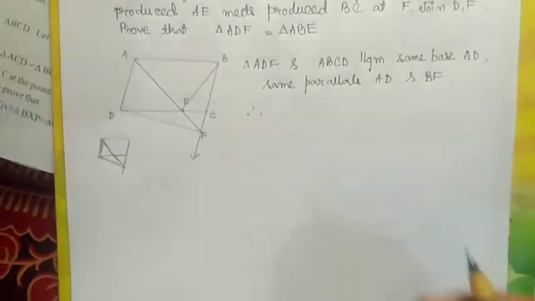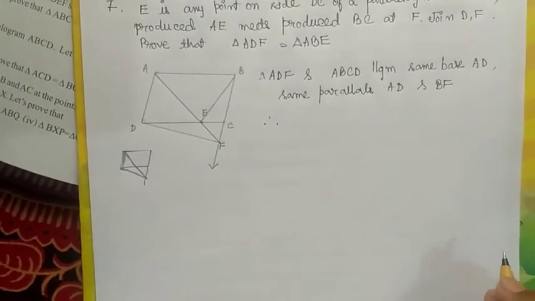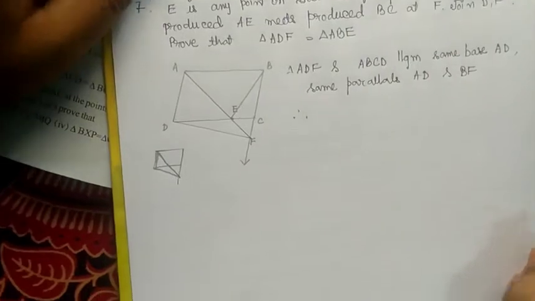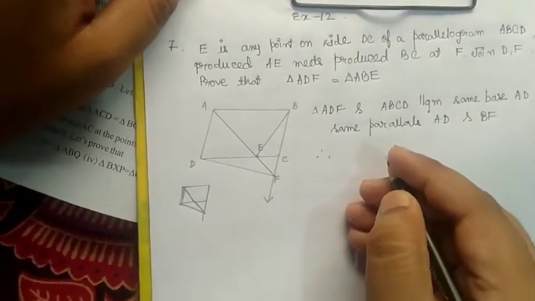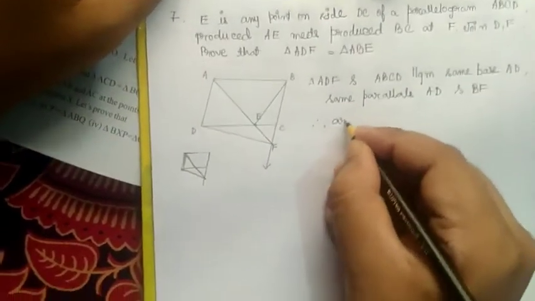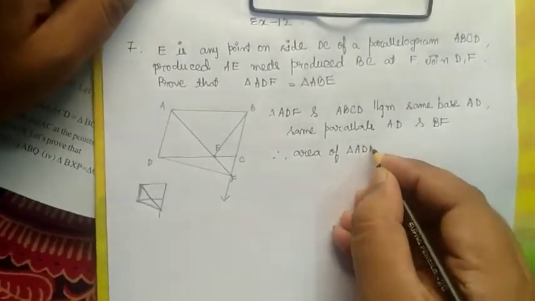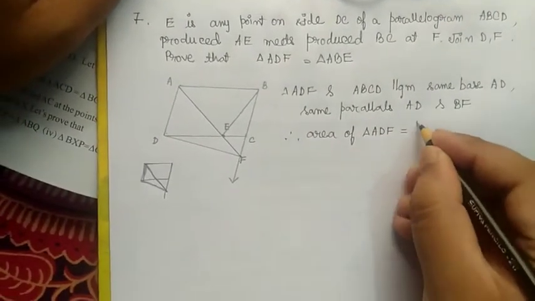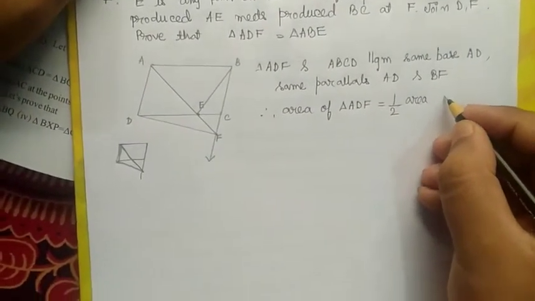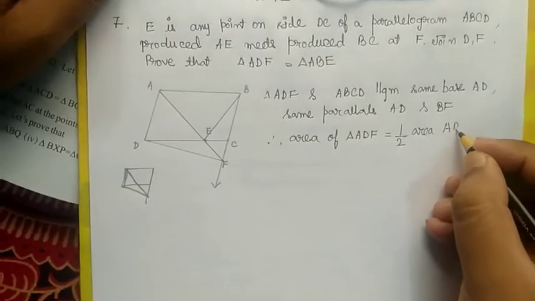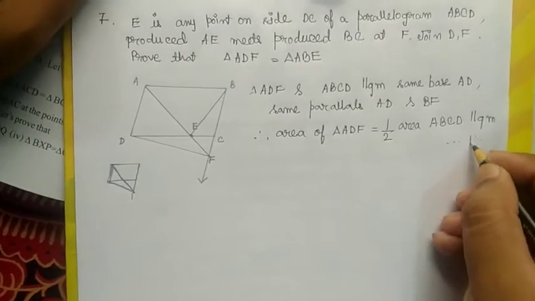So we know if any triangle and any parallelogram are on the same base and on the same parallels, the area of the triangle is always half of the area of the parallelogram. So area of triangle ADF equal to half area of ABCD parallelogram. This is equation number 1.